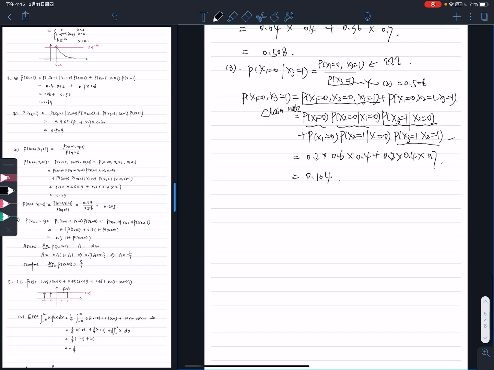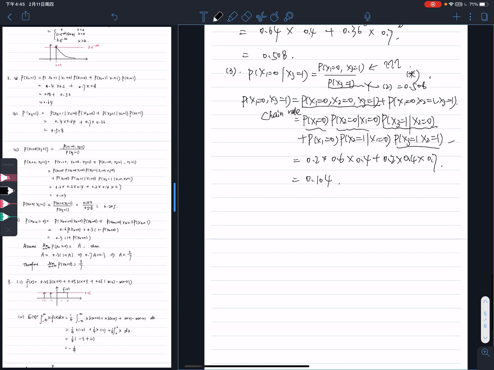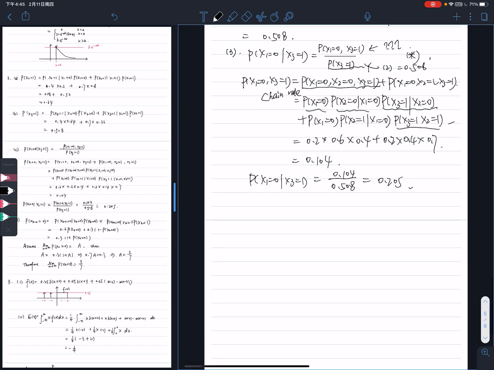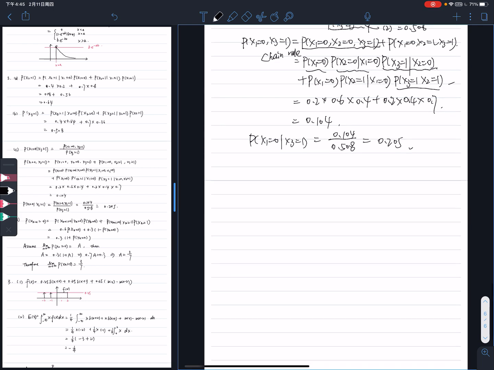Then from the formula star, the conditional probability is equal to 0.104 over 0.568. So it is approximately 0.265, and we already solved this problem.